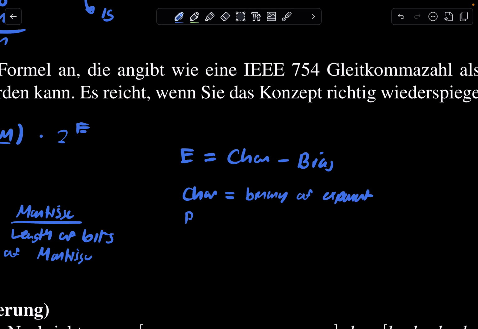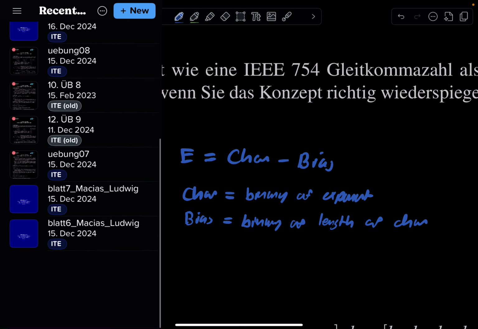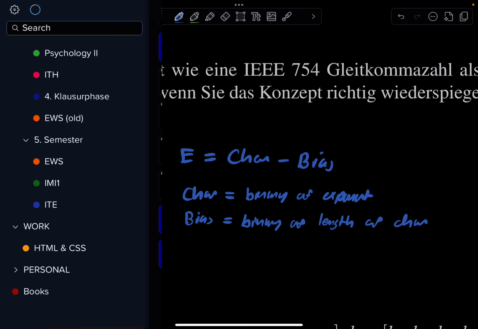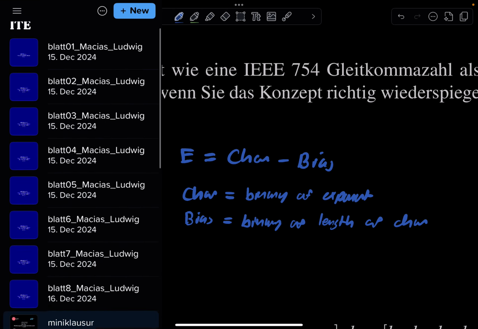And the Bias is going to be equal to, simply put, the binary of the length of the Charakteristik. And we can remember this from our Blatt. Let me just find where it was, so we can review what we're looking at here.